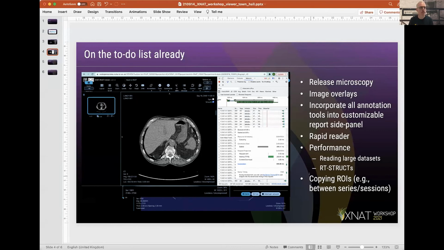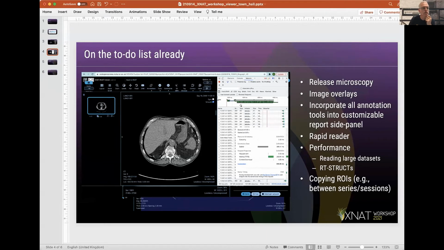You should see this. So what you're seeing here is the developer tools on Chrome, just looking at what's happening when we load a large 3D CT scan. This is 512 by 512 by 134, not even that large.